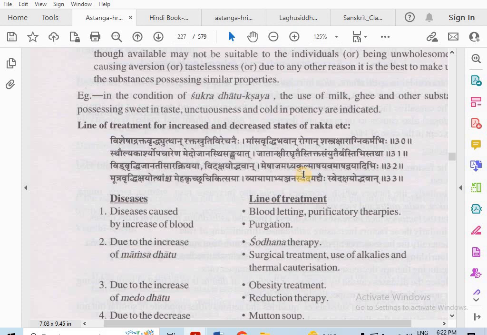Then Kulmasa. Kulmasa, actually the meaning of Kul here is half cooked. Masa you can say as the grains, like rice and green grams. So they are considered as masa. Now Kulmasa, half cooked masa, means what?